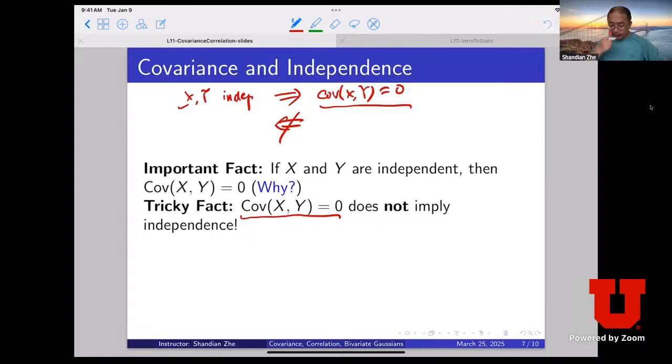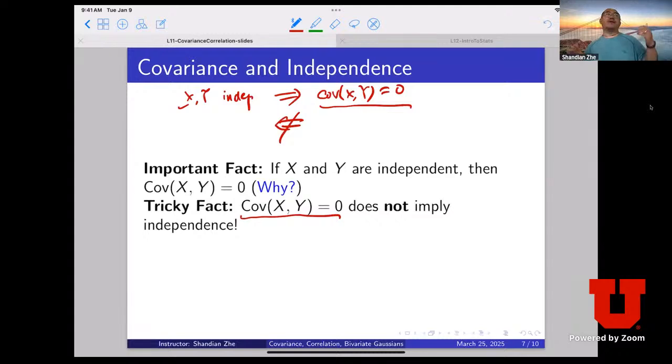Actually, covariance represents a special type of dependency, right? And in the future, you're probably going to study more in depth about statistics and probability theory. The covariance actually represents the linear dependency between the random variables. However, there could be some nonlinear dependency between the random variables.